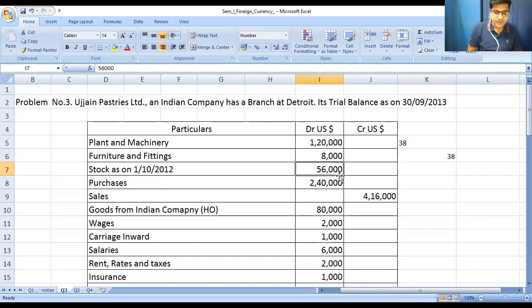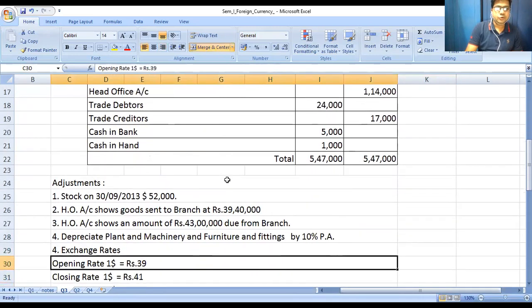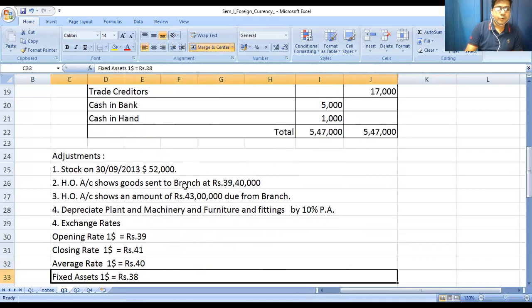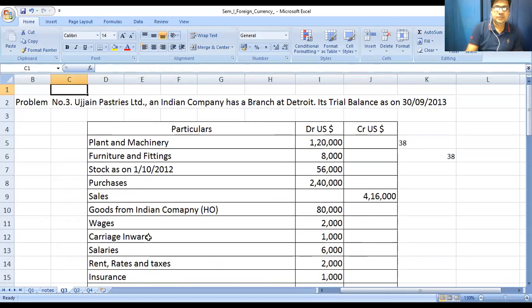For this stock we will use the opening rate, which is $1 = rupees 39. So we will consider 39 rupees per dollar here.